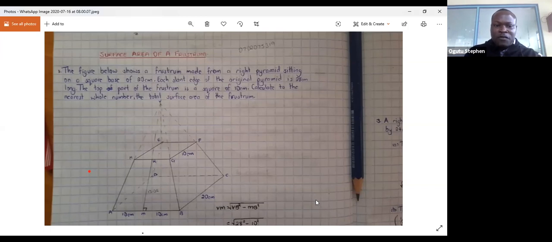So let's get VM, use Pythagoras theorem. 28 squared minus 10 squared will give you VM squared. We are going to get 684 if you square root. Your answer?